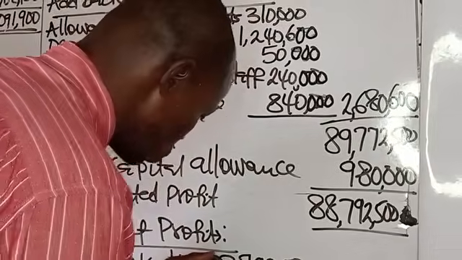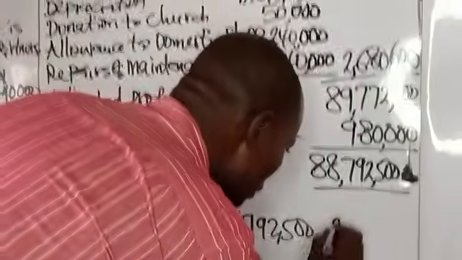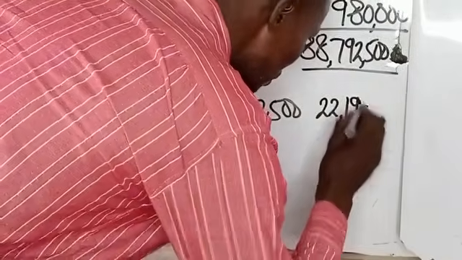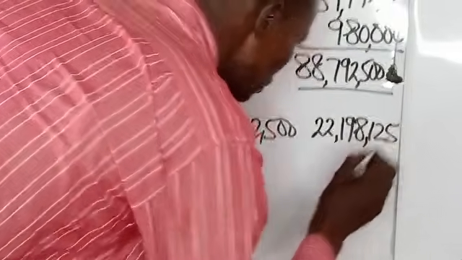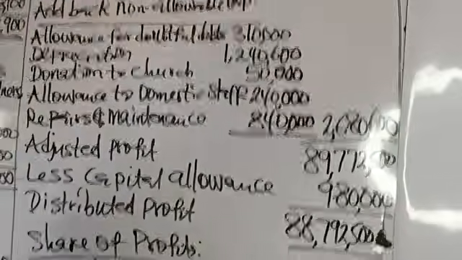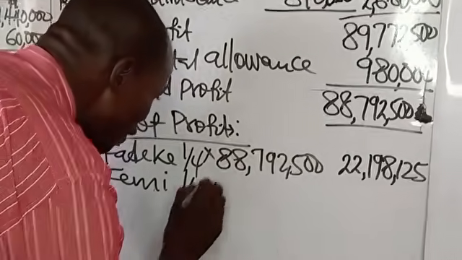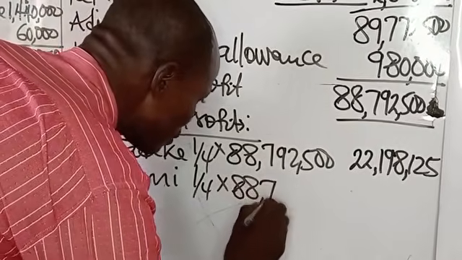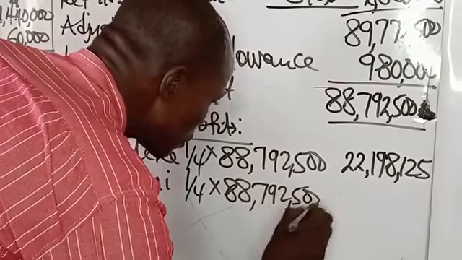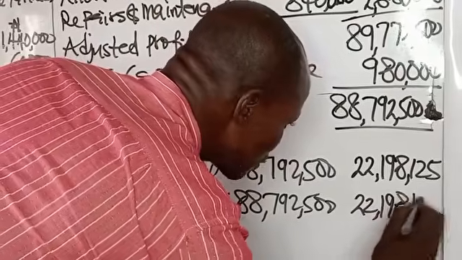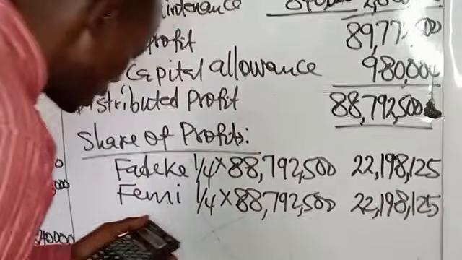You have 22,198,125. Then the second partner is Femi. Femi also will receive 1/4 of the profit. That is the same amount, since they share profits or losses equally.